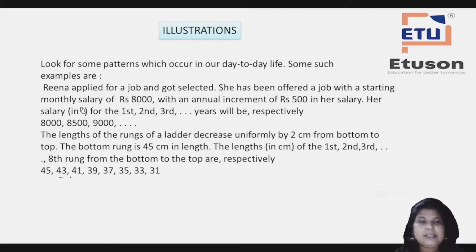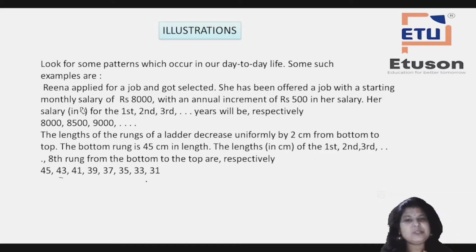Then 43 minus 2, that is 41 centimeter. 41 minus 2, that is 39 centimeter. 39 minus 2, 37 centimeter. 37 minus 2, 35 centimeter. Then 33 centimeter. Then 31 centimeter. So on and so forth respectively. Right? So this is how you can find out subsequently how it is going to change, right?